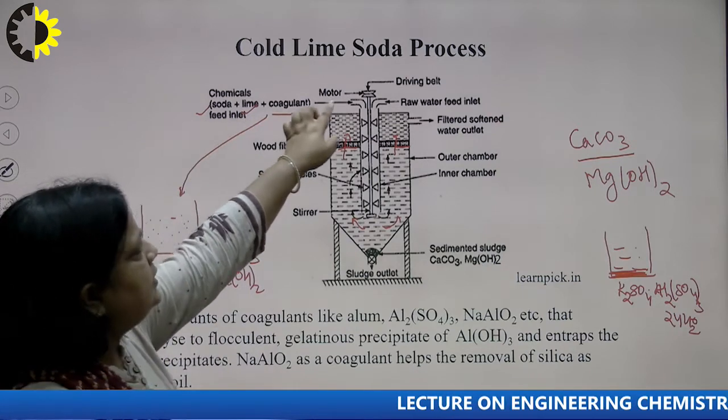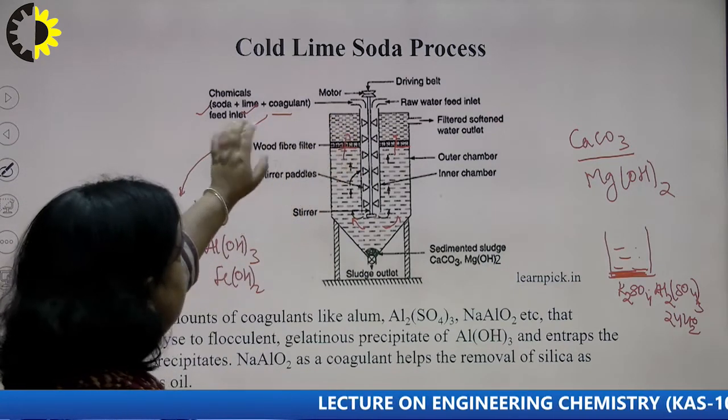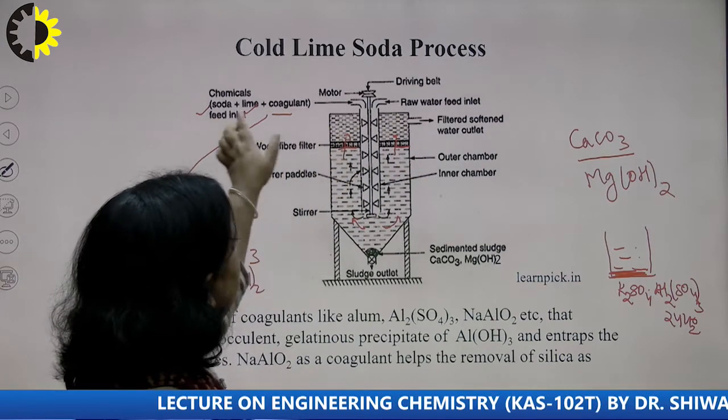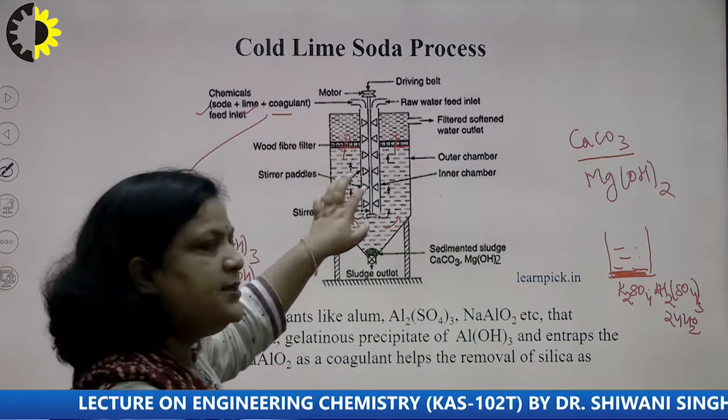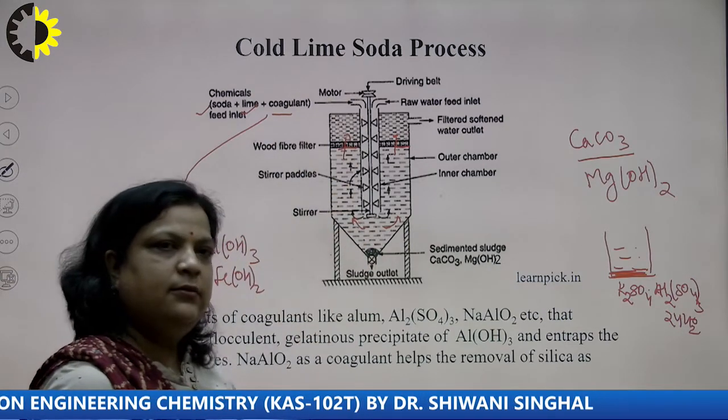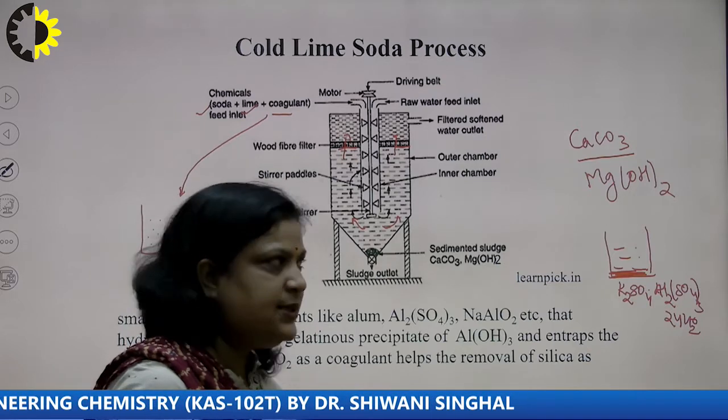So, raw water is passed through this inlet, and here soda plus lime plus coagulant is added, and there is a belt for constant stirring or mixing.